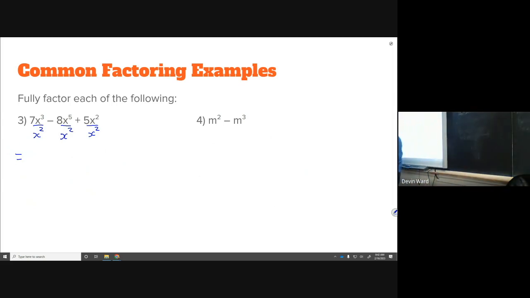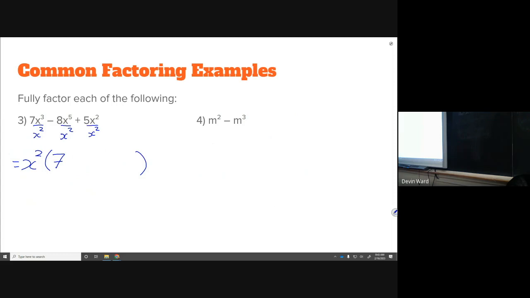So what we do, our greatest common factor is x squared. That goes outside of our bracket. Okay? So now, because we're only dividing out the x's, our numbers are going to stay the same, 7.